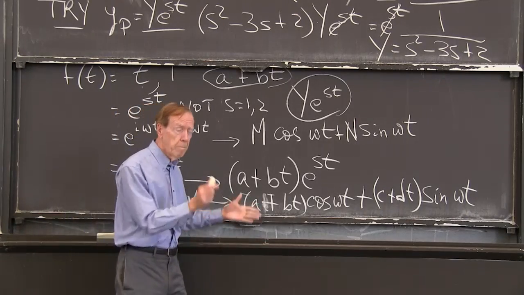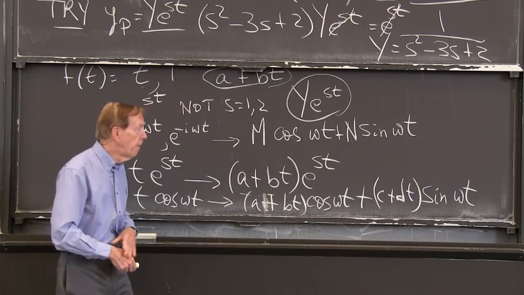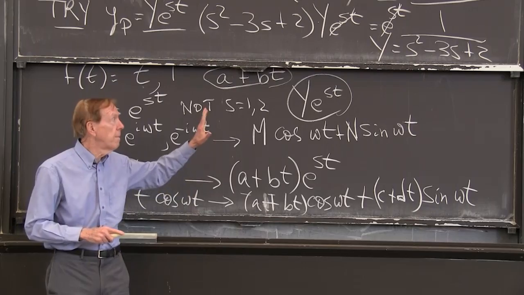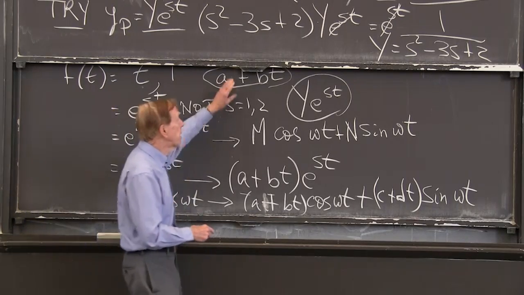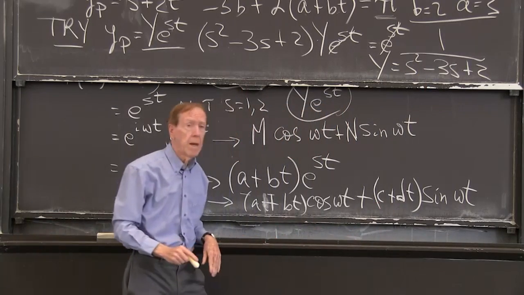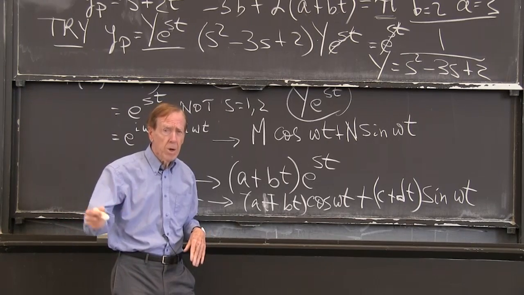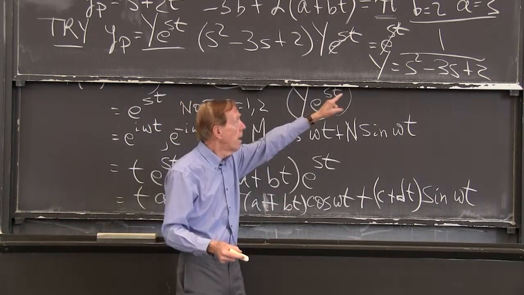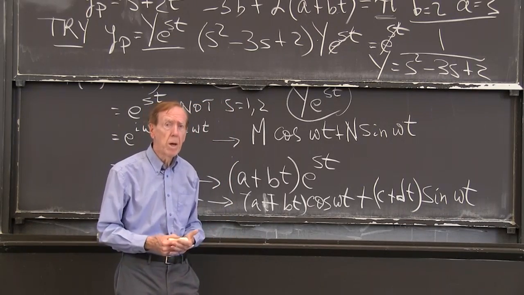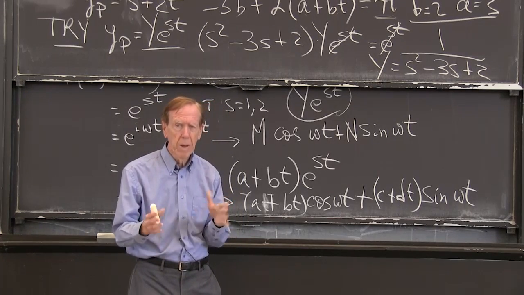You just put it in, match all terms, and you discover A, B, C, and D. Finally, I have to say that word about resonance that I mentioned earlier, the possibility that if s happened to be 1 or 2 on the right-hand side, that's also a null solution. This method would give me 1 over 0, infinite answer, no good, and we know what to do. We know how to deal with resonance.